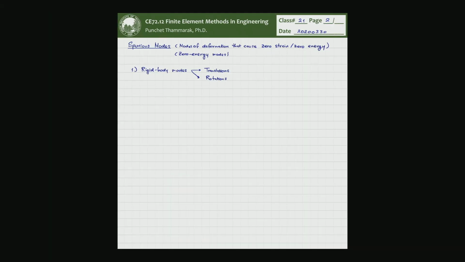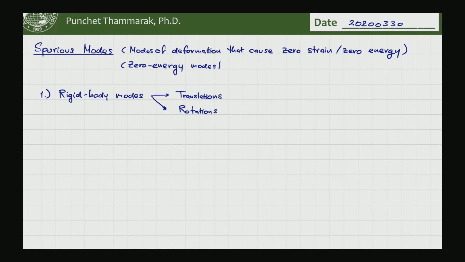So, for example, you have the element like this. You could have the rigid body modes that bring your element to here, or also upward to there.